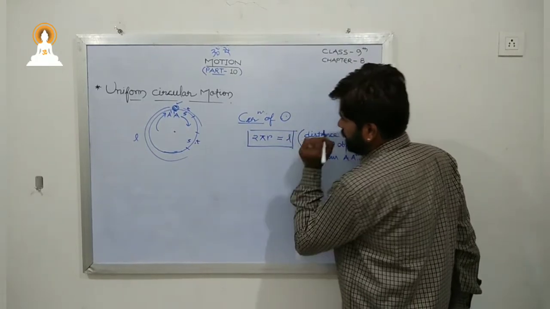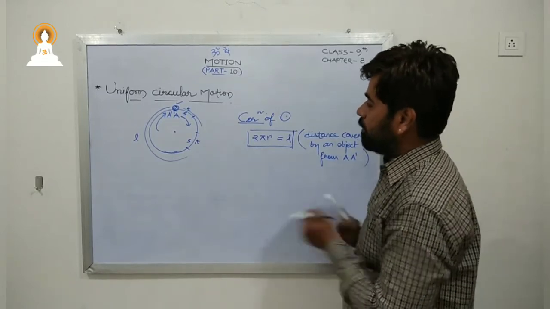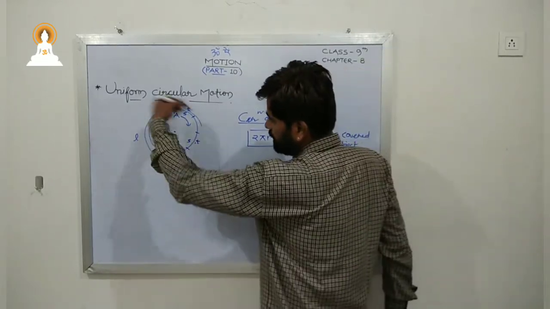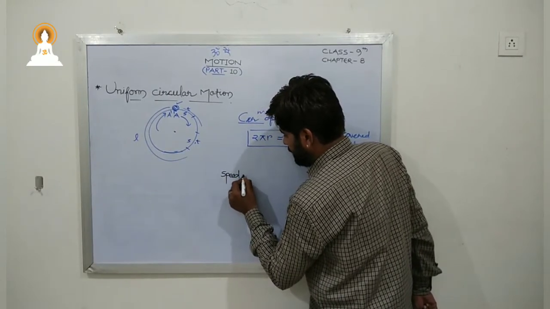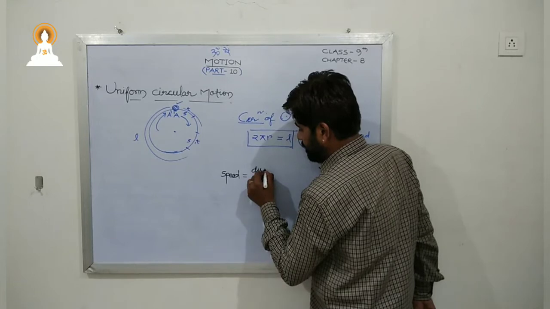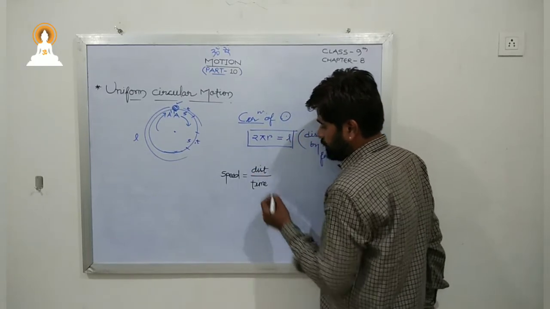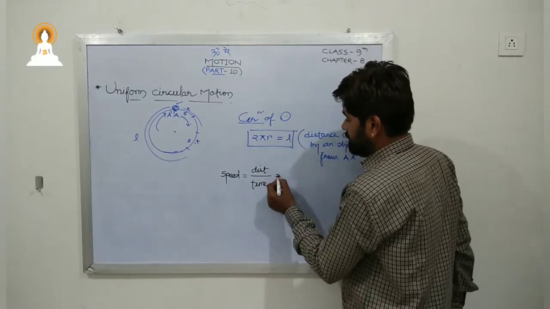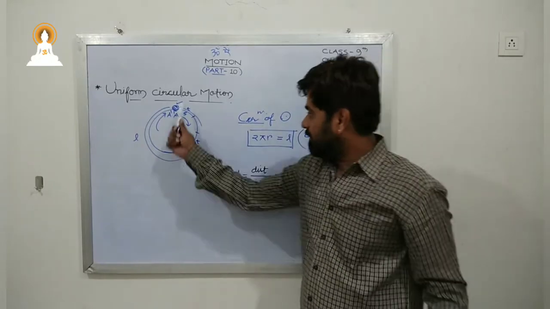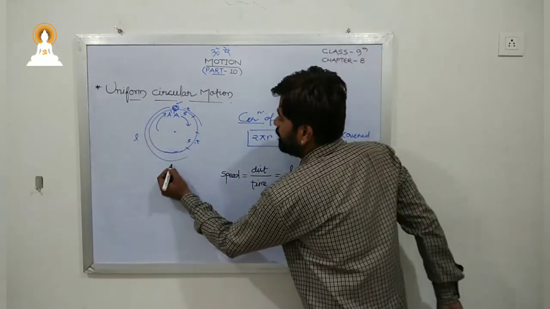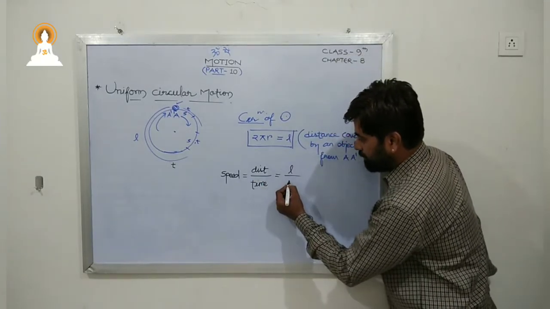One more thing: if we want to find the velocity or speed of that object, speed is distance upon time. The distance is L, and if the object takes a time t to cover this L, then speed will be distance upon time.